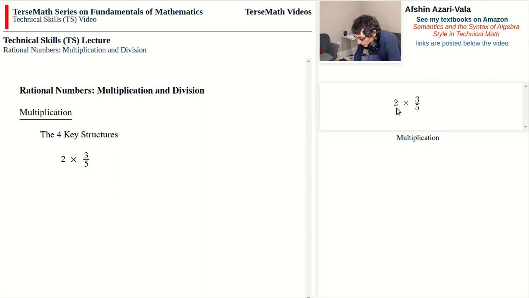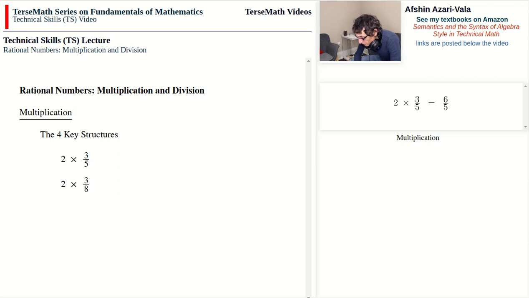And this explains why we can multiply 2, which incidentally you can think of as 2 over 1, so it's in the numerator. That explains why we can multiply numerators. And so here we can multiply 2 by 3 to double the number of pieces that we are taking. And so we'll end up with 6/5.